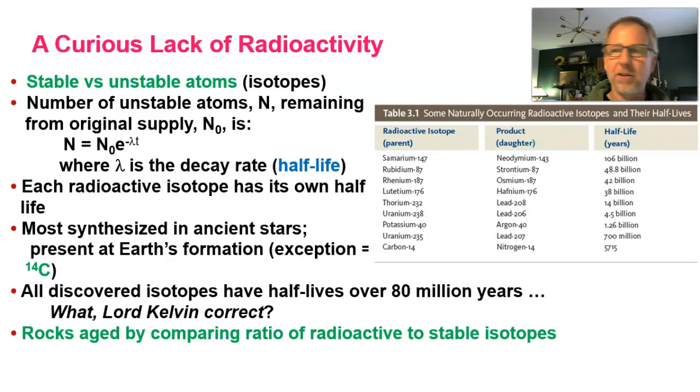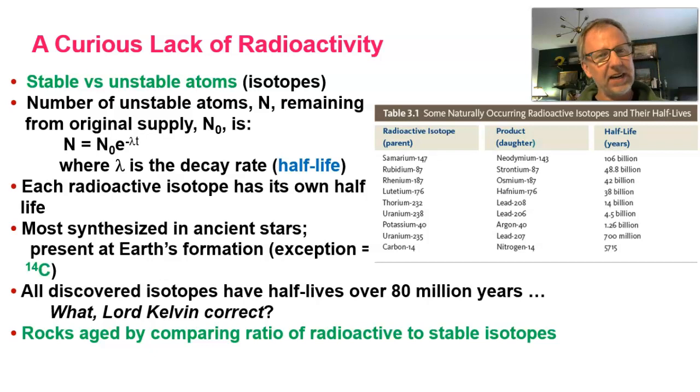If you look farther down the table, all the way to the bottom, we've got carbon-14. Carbon-14 is a radioactive isotope, and it decays and turns into the daughter isotope nitrogen-14, which is more stable. And that only has a half-life of 5,715 years. So you can see in this table that physicists have figured out a wide range of half-lives that exist for different radioactive isotopes.